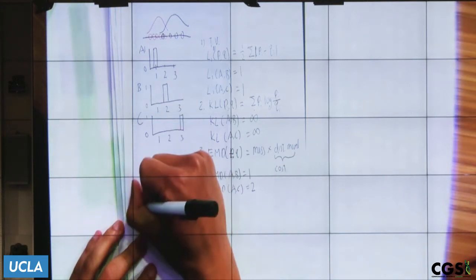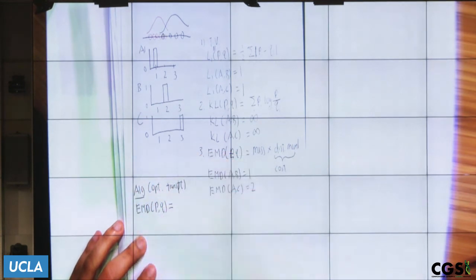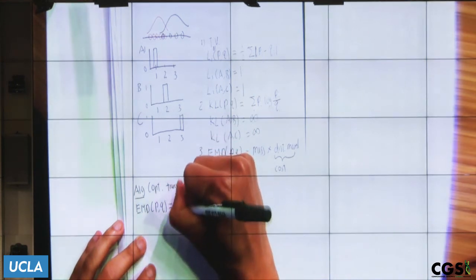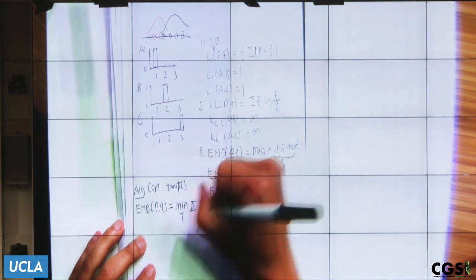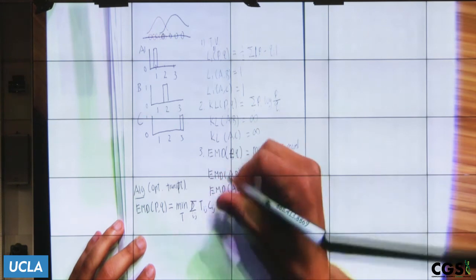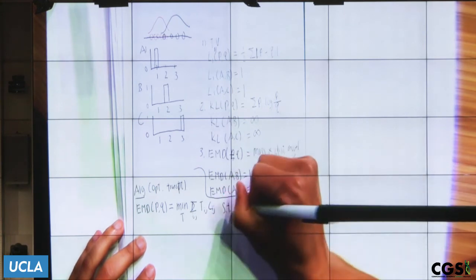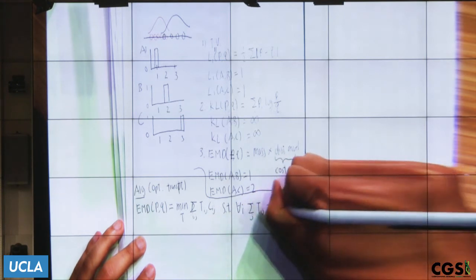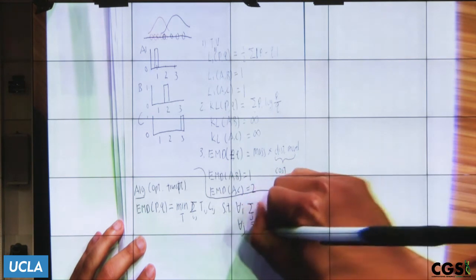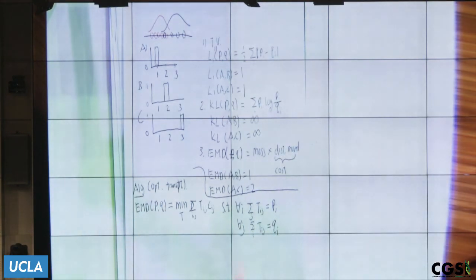Basically the algorithm is that the Earth mover distance between two distributions comes from solving a particular optimization problem. Okay, so don't worry about what's going on here so much.